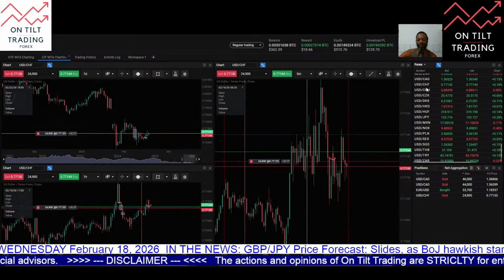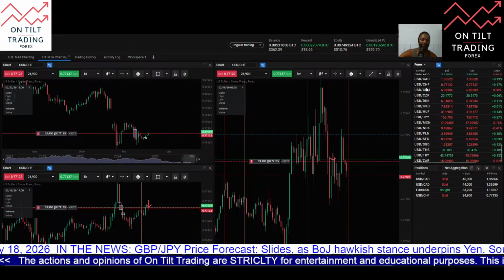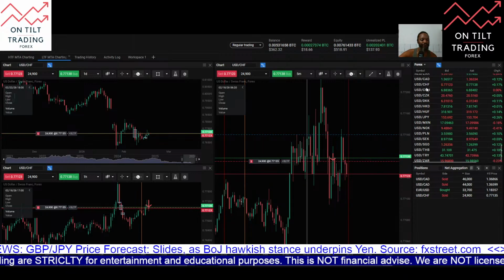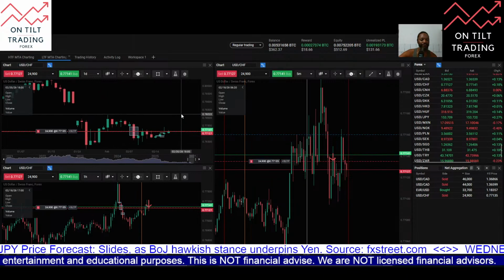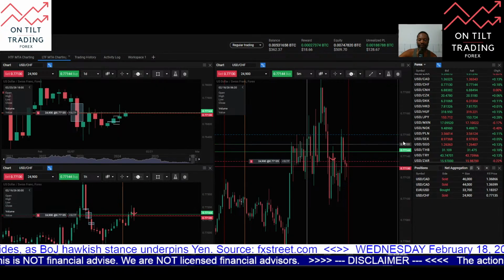Back in the dollar Swiss here. Now showing some further sell side delivery here. Price really consolidating here at my entry level.